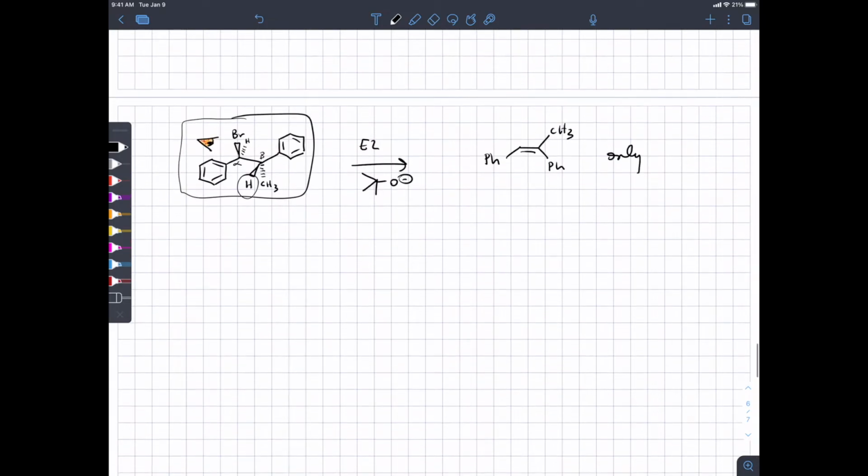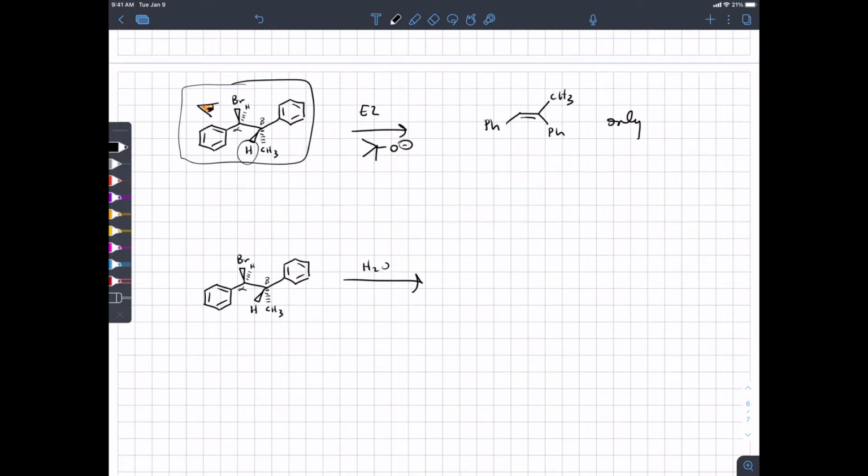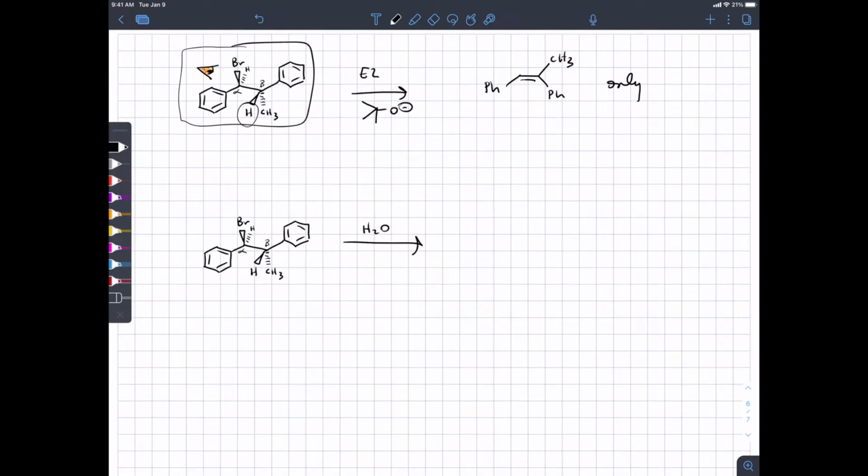Whereas if you took the same starting material but used conditions that would favor an SN1/E1 reaction, let's use water as our solvent, here's what you're going to see in terms of products.